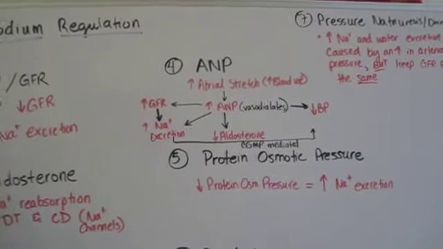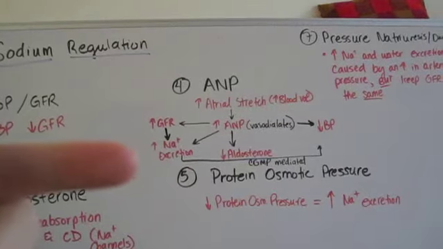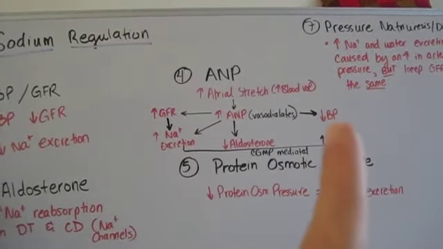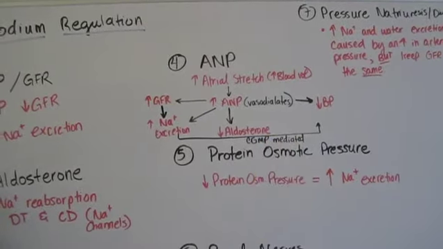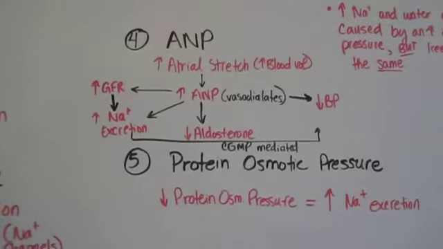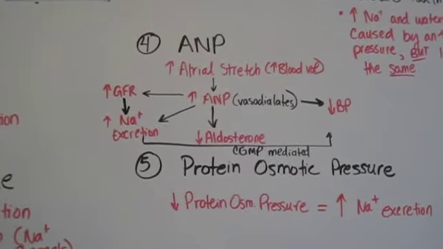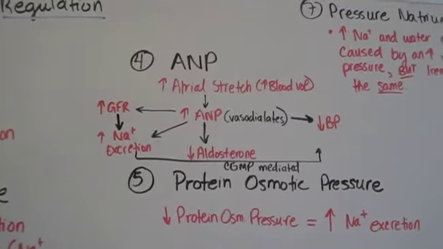That makes sense. So like we said, increasing that sodium excretion is going to decrease that blood pressure by cGMP mediated channels. And what are we doing there?